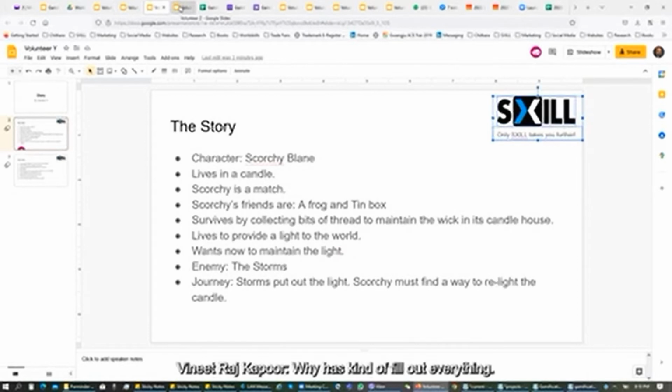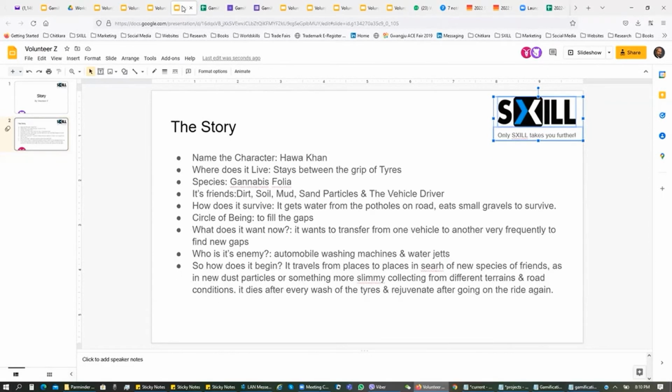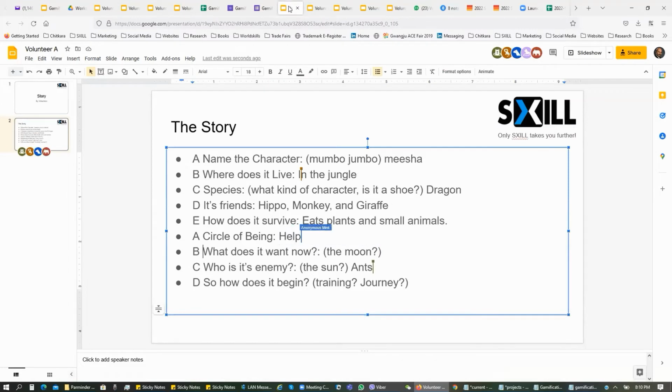Y has filled out everything. Wonderful. X has to finish it. Y and Z have finished. Sheet A is more than halfway through now.